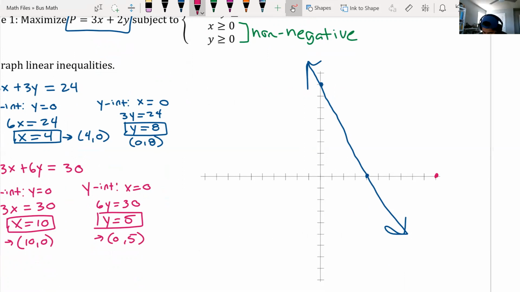And then I have one at 5. 1, 2, 3, 4, 5. So there's my y-intercept. And again, all solid lines, so just connect. Okay, and now, whoop, I should keep going further, sorry.